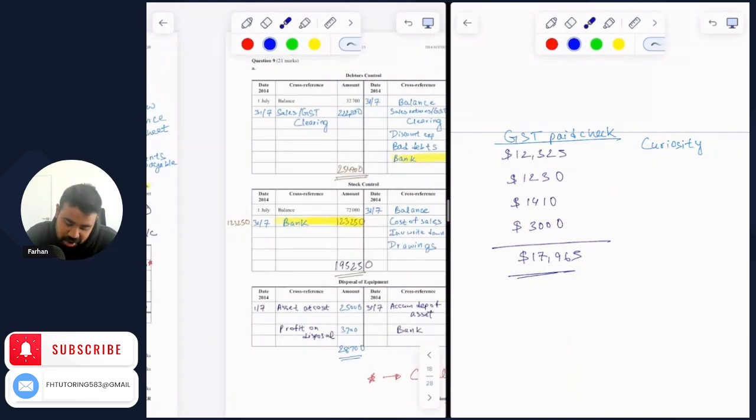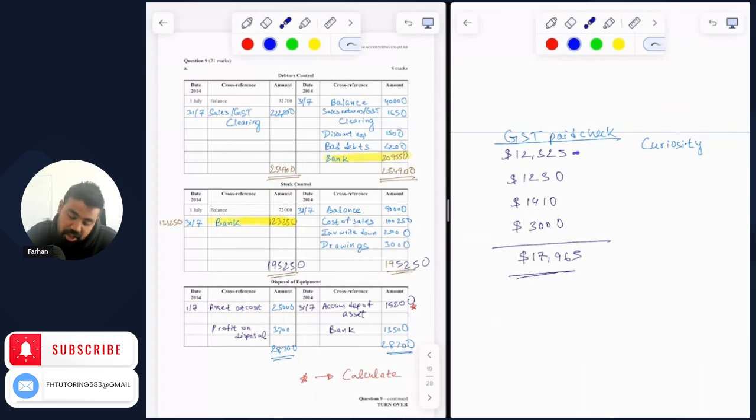This 12,325 is the GST we pay for inventory purchases, and this was calculated based on 10% multiplied by $123,250, which is the amount we would have paid in cash when buying inventory. So the GST obviously would be 10% of that, right? And that should give us 12,325. Then this $1,230 is basically 10% multiplied by 12,300, which is the total amount we have paid for advertising, right?